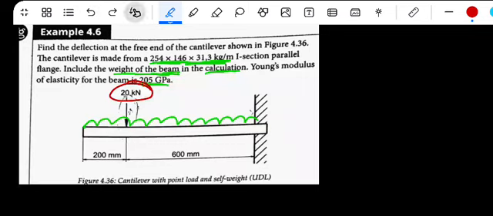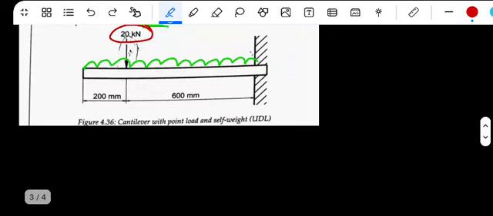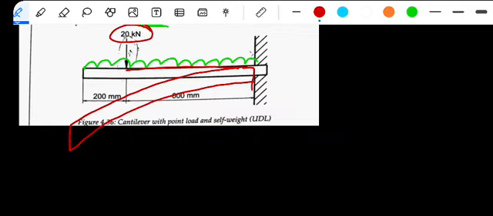Okay, we'll have our bending. This will bend the beam like that. If I take a horizontal line from here, this is the bending, and if I take some horizontal line here, we'll have the bending here. This is a deflection again.